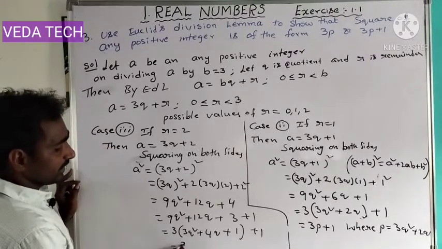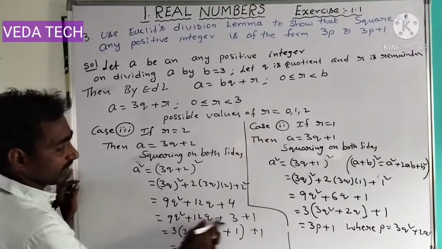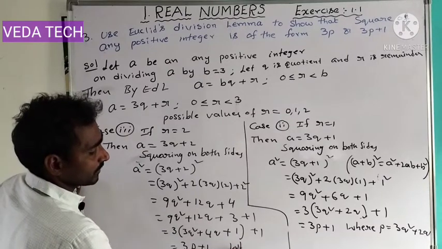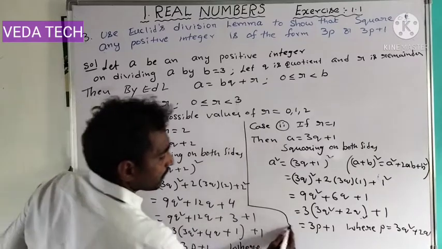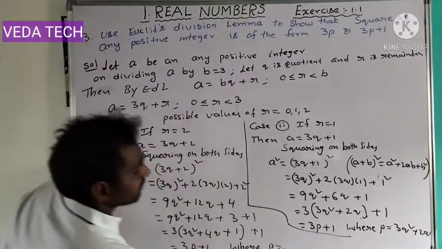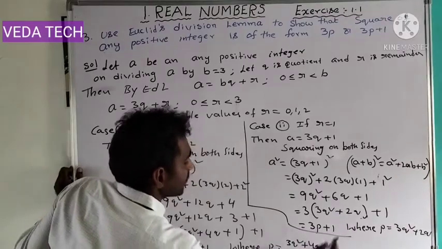Therefore a square is equal to 3p plus 1, where p is 3q square plus 4q plus 1.